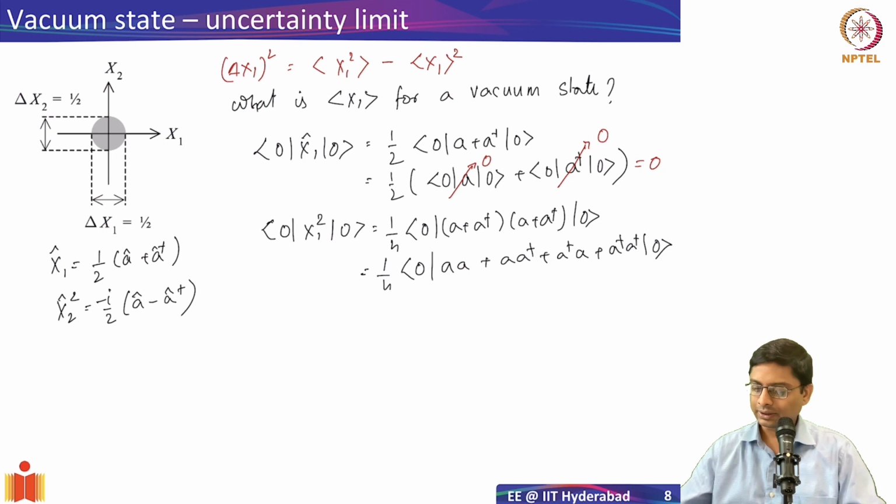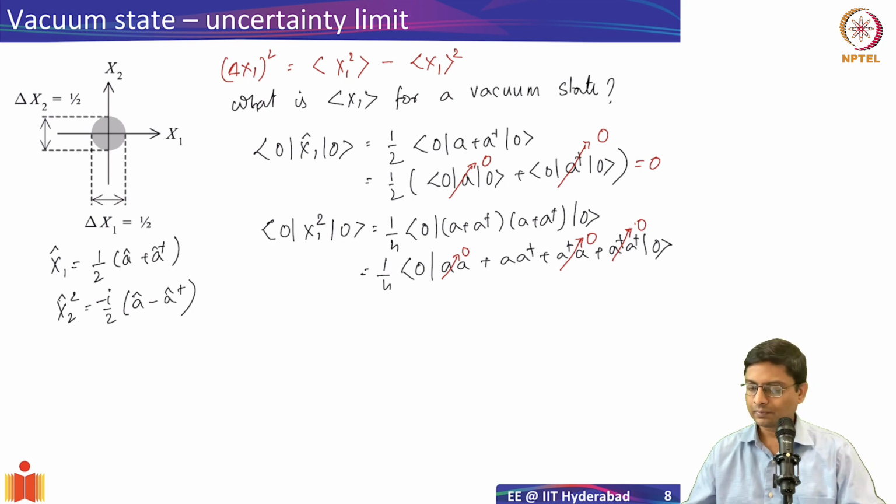We now know that a dagger squared acting on 0 will give me a rising state, so the photon number state 2, and that is again perpendicular to 0. So this goes to 0. Similarly, this goes to 0, and even the third term here goes to 0. The reason is a acting on 0 will give me 0.